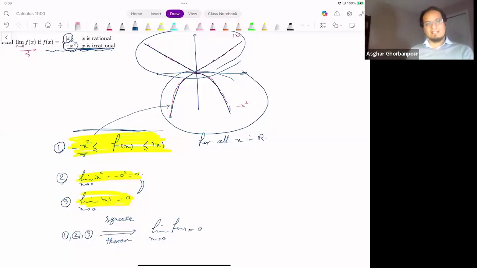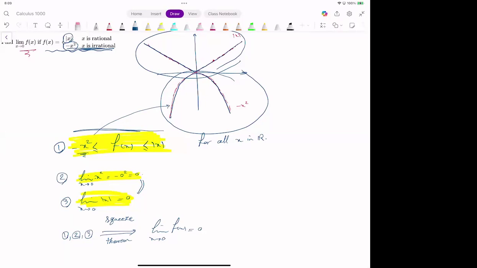My original function has holes in many places, but negative x squared and absolute value of x are solid functions, and our function takes either that value or that value. So it would be between those two. There are no other values there. Okay, thank you.